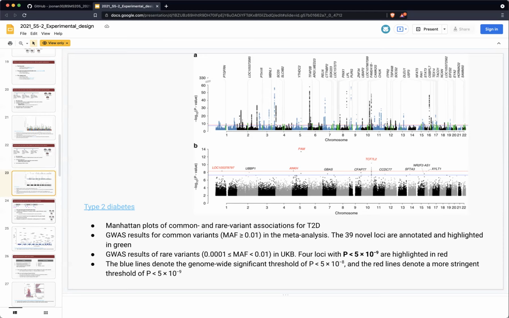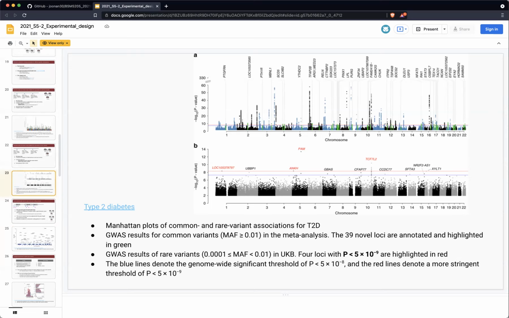And this is one of the key points in genetics these days, because in the old days, if you looked at a certain disease, you thought about only one type of genetic factor, like this disorder is probably affected by only common variants or only rare variants, but that's actually wrong.